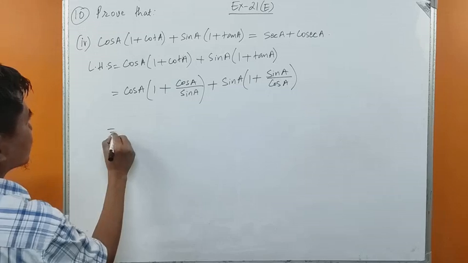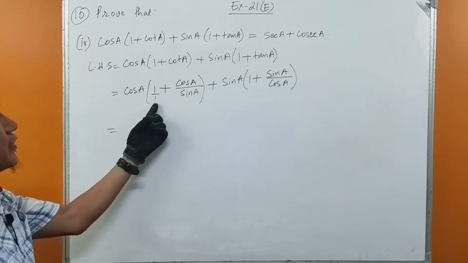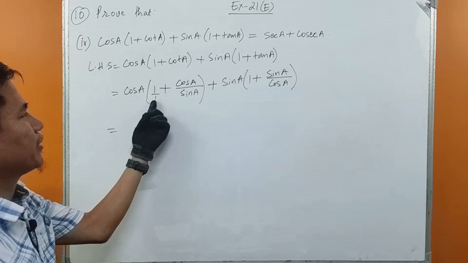Now let us assume 1, because there is always 1 in the denominator if there is no number, isn't it?